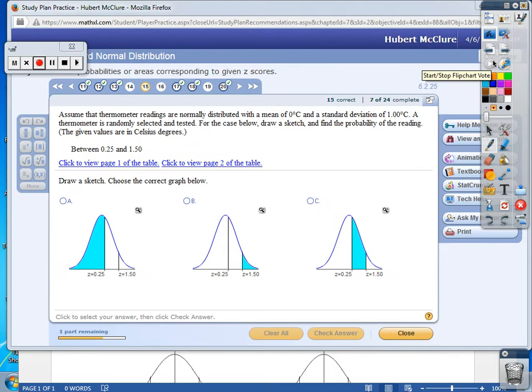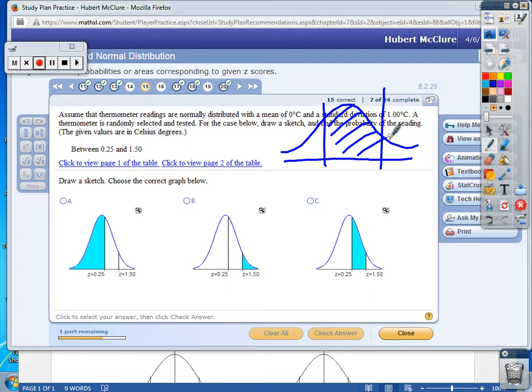If you're given a larger area, you subtract the smaller area. So when you're given between, just remember to subtract the smaller area from the larger area.